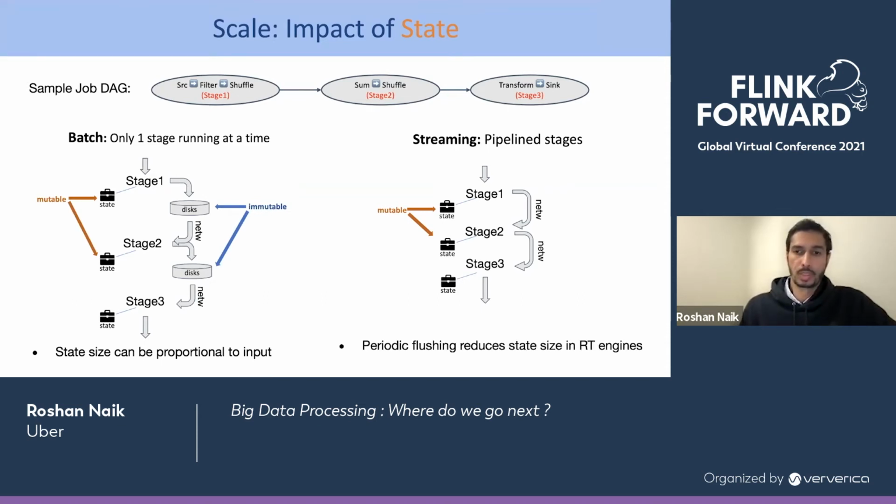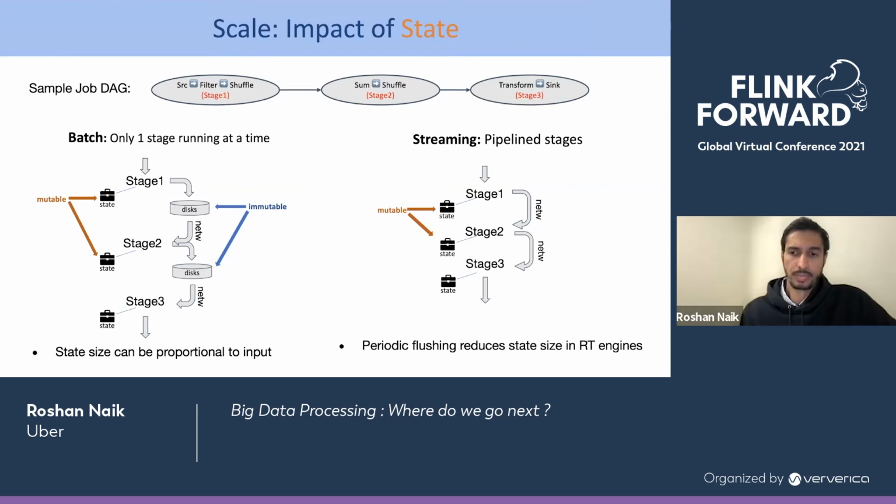Now, there's an interesting thing that real-time streaming engines do, which offline streaming engines as well as batch do not seem to be exploiting, which is periodic flushing of state, if the input data has some order available, typically event time based ordering.